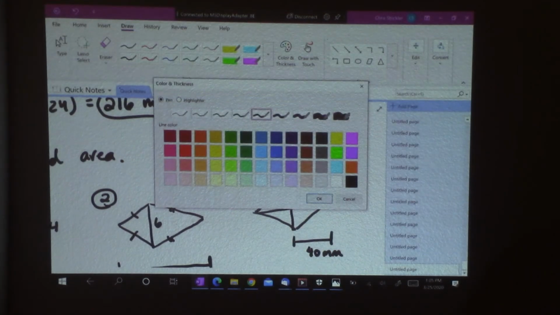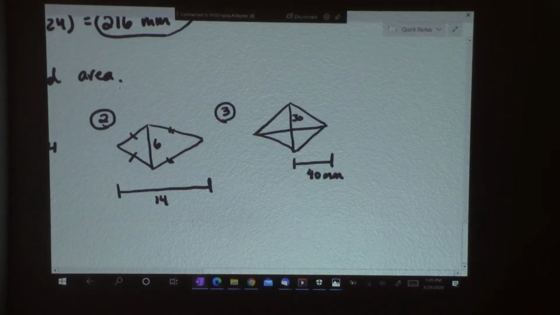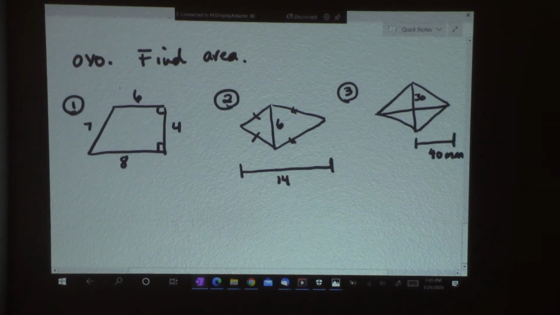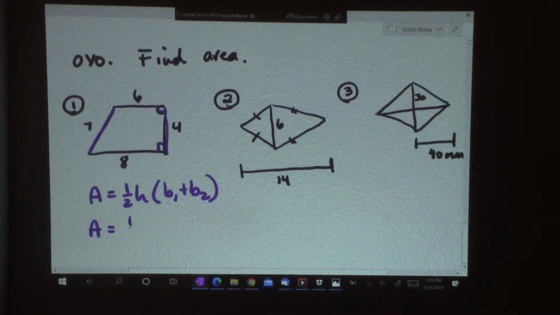Alright, I'm going to change colors just because I can. Okay, now number 1. I'm not going to use this length because it's the diagonal. And for a trapezoid, I don't use that. I use just the height and the 2 bases. So the height is the perpendicular distance. That's 4. So I have 1/2 times 4, and then 6 plus 8.